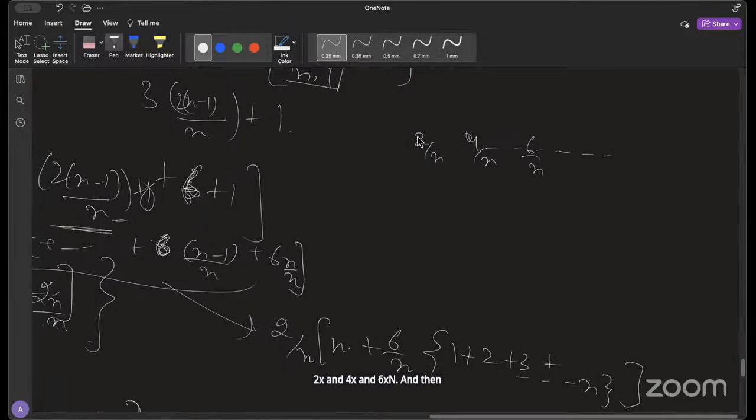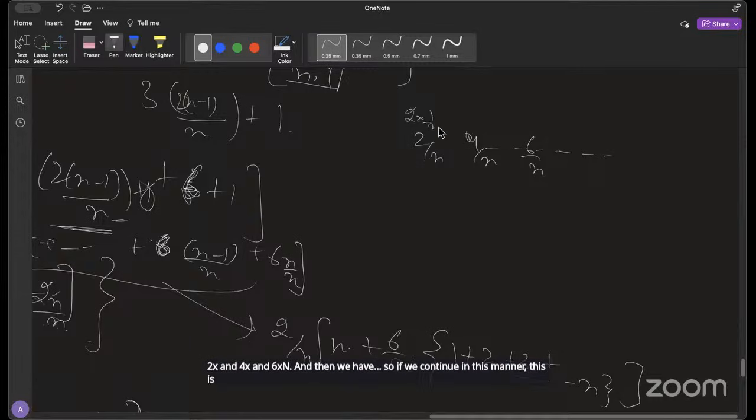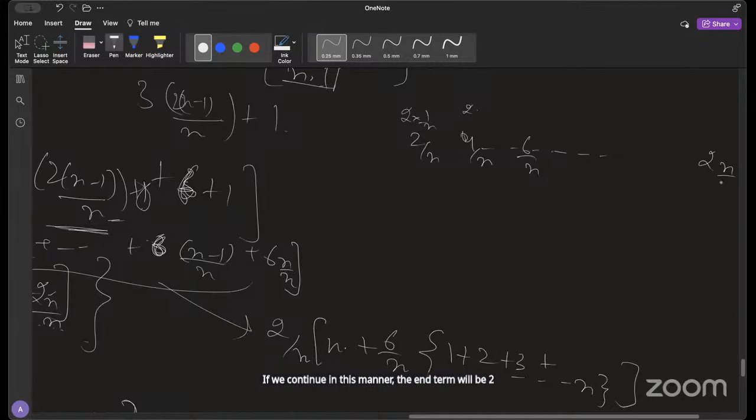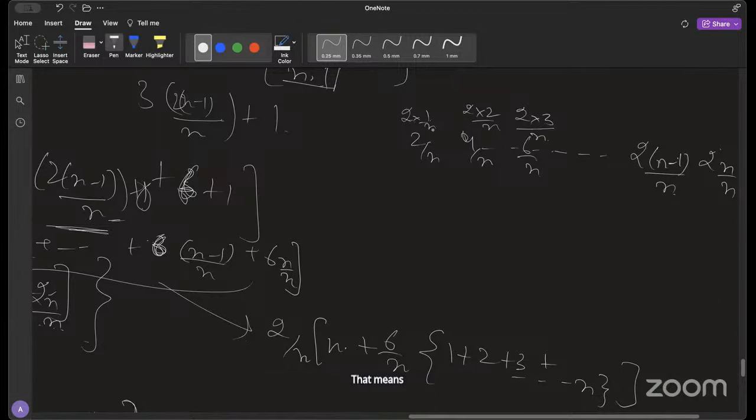If we continue in this manner, this is 2 times 1 by n, this is 2 times 2 by n, this is 2 times 3 by n. If we continue, the nth term will be 2 times n by n, and the one before this would be 2 times n minus 1 by n, right? That means we have a pattern here. We're multiplying 2 by n with 1, then 2, then 3, then 4, and so on, then n minus 1, then n, right? That's how we get this partitioning.